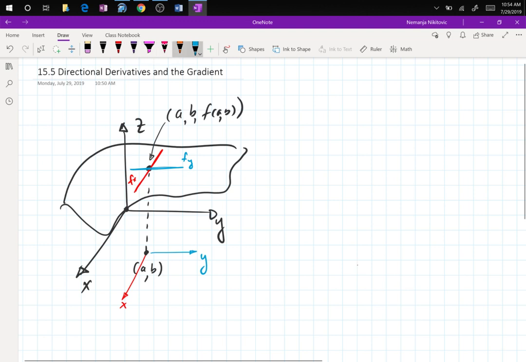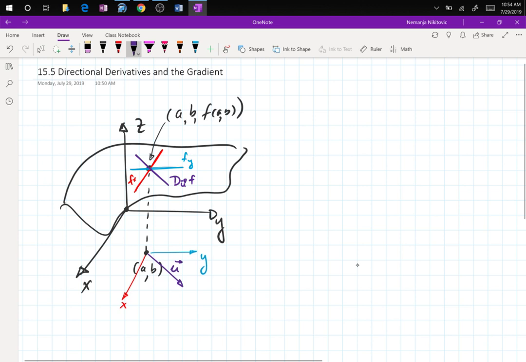But now, let's say in purple, you want to go in a different direction, and this is some vector u. Well, in that case, you are going to have another tangent line here, whose derivative will be the directional derivative of f with respect to u.